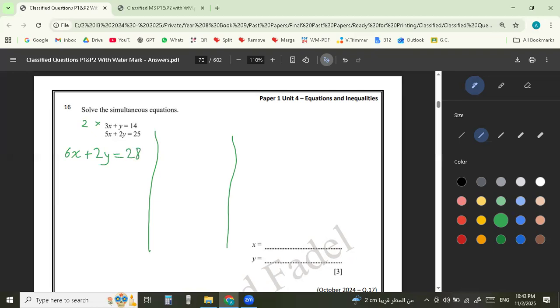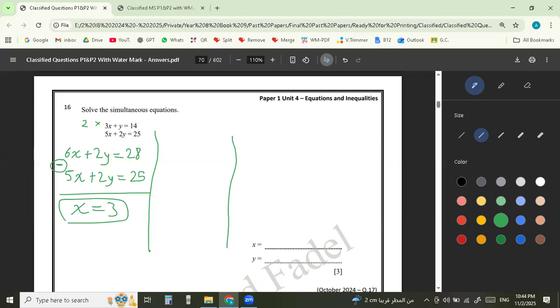While the second equation remains the same, 5x plus 2y equals 25. But mister, here I'm not going to add, because if I add, nothing will be eliminated. I need to subtract. 6x minus 5x is just x. 2y minus 2y, bye-bye. 28 minus 25 is 3.